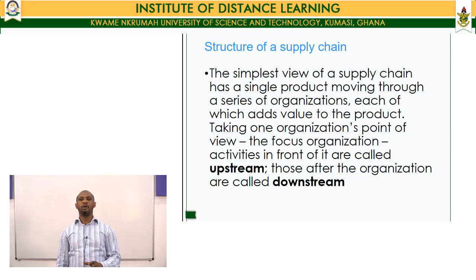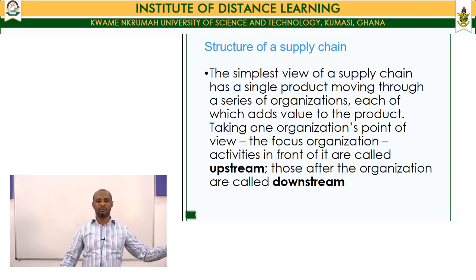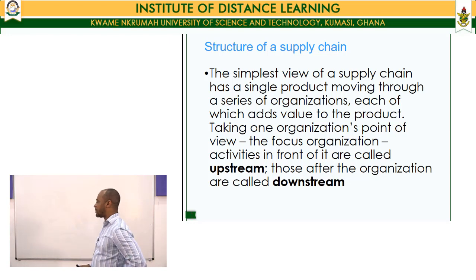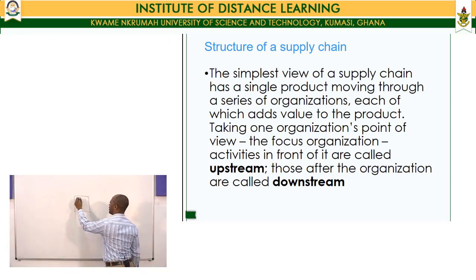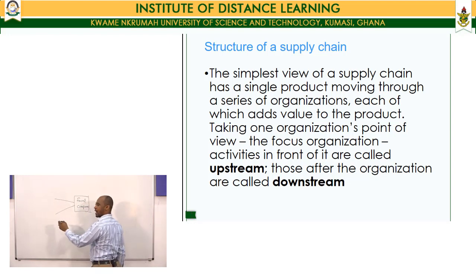So, depending on which organization is the focal organization, then we create the upstream and downstream. I am not going to go through this because you have been taught this as a complete course. But anytime we talk about the upstream, we have a focal company. So we have the focal company. On this side of the company are suppliers. Suppliers of different kinds.